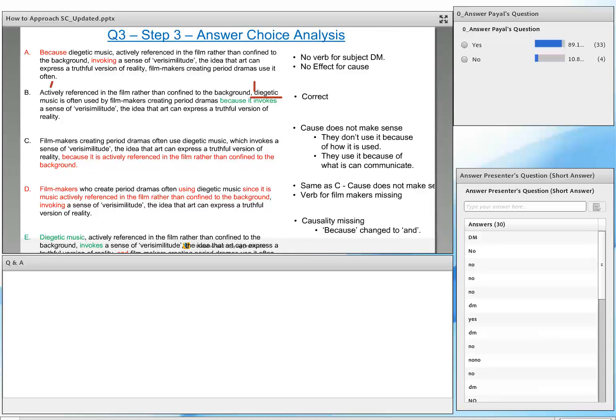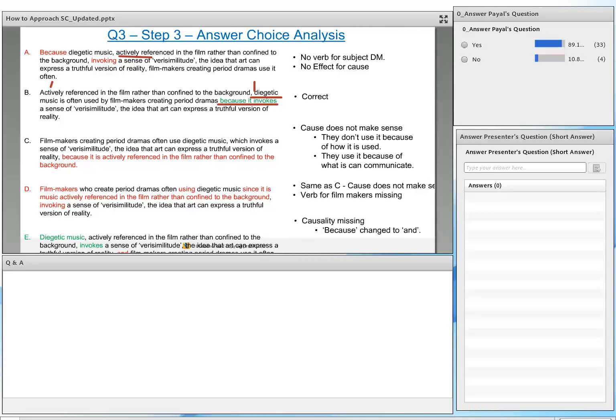Earlier this part was written later in the middle of the sentence, and now this descriptive part starts the sentence. But it's absolutely fine. Diegetic music is often used by filmmakers creating period dramas because it invokes. So again, invoking has been changed into invokes. Everything in the sentence is fine. Okay, so choice B is correct. Now tell me, for those of you who rejected choice B, why did you reject choice B?